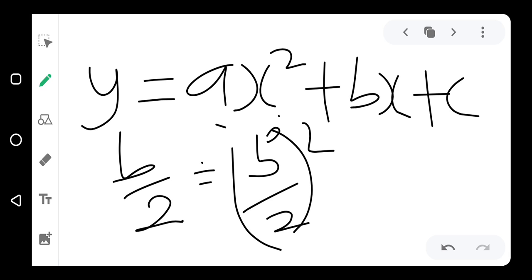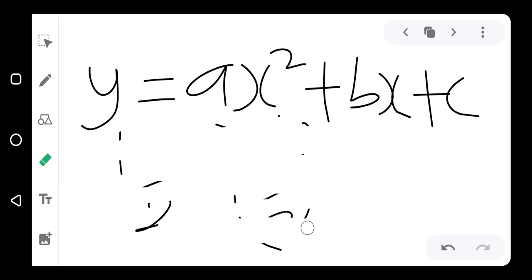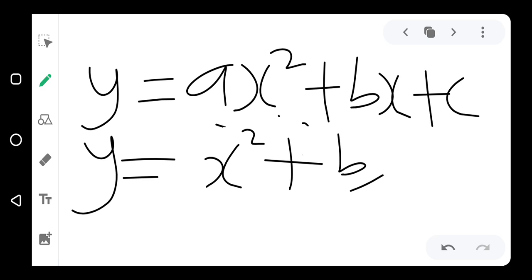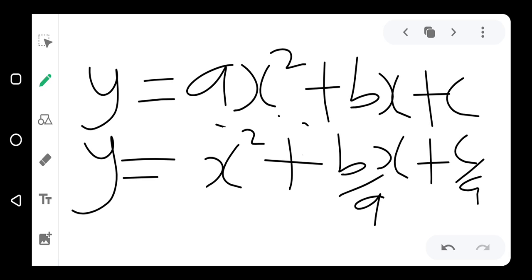Sorry for this, the expression is supposed to be y equal to x raised to power 2, if you divide through by a, plus b over a x, then plus c over a.